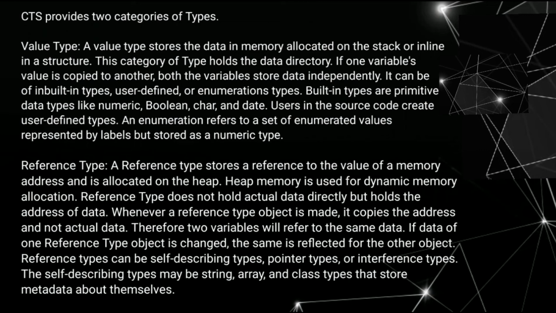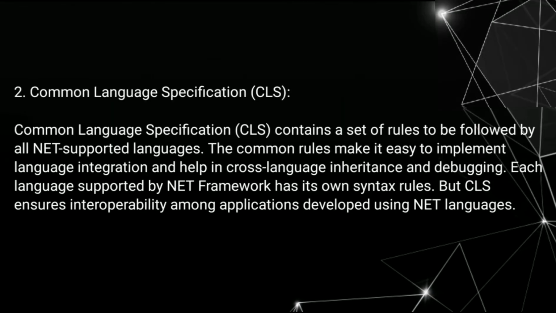The self-describing types may be string, array, class type that store metadata about themselves. Now, second one, that is CLS, full form is Common Language Specification, contains a set of rules to be followed by all .NET supported languages.